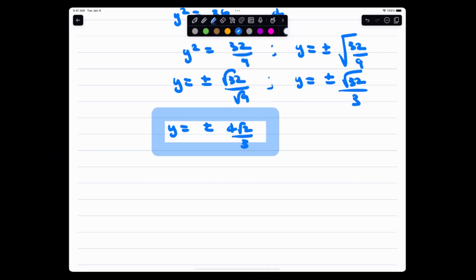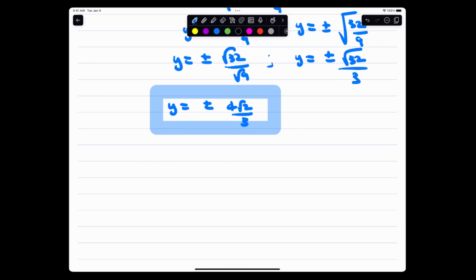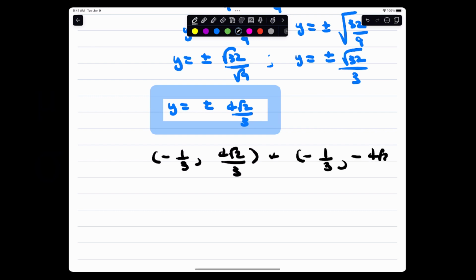There's actually 2 y values. There's 2 points. So the x and y coordinates are -1/3, positive 4 square root of 2 over 3, and -1/3, -4 square root of 2 over 3 here.